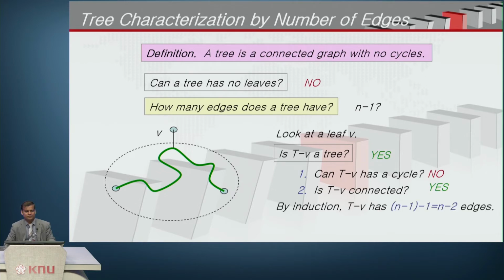Yes, this is in fact a tree, with n minus 1 minus 1 equals n minus 2 edges. So that's with n minus 2 edges there. So this tree has n minus 1 edges.